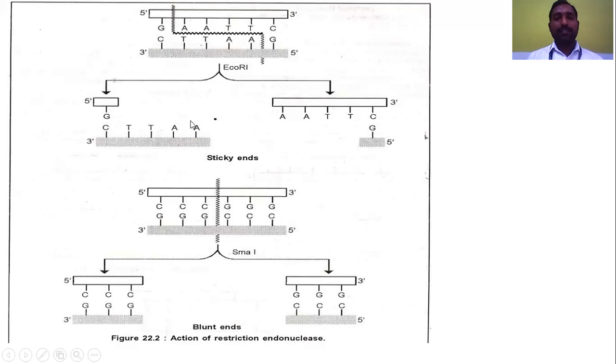This is another diagram, which explains the blunt end nature and sticky end nature of restriction endonuclease action. This is EcoRI again. This is the template strand.